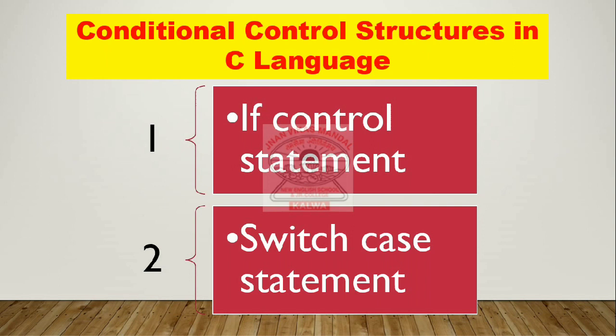Both have their features, but today we will do practicals based on only the if control statement, because conditional control structures is a very big topic. We will see how it is used in programs to check the conditions and to run certain statements.